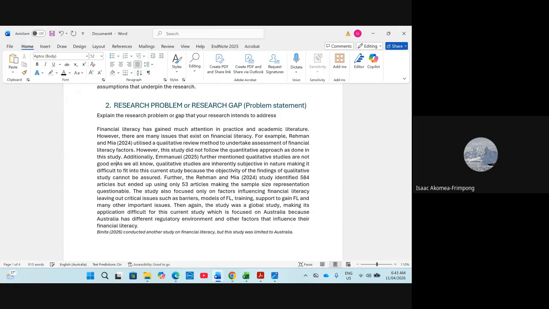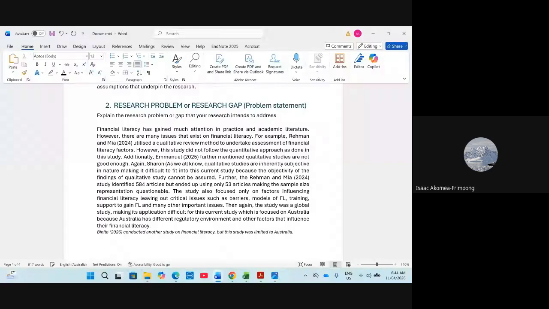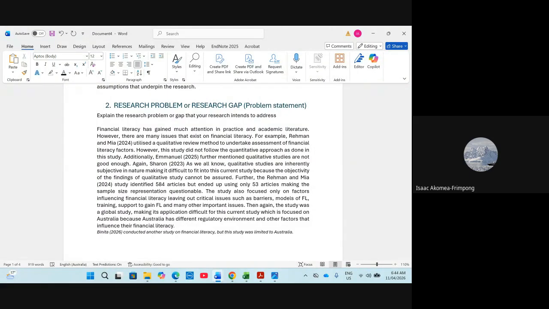I'm just saying, I'm not saying that. Again, Sharon 2023. So the first issue that you identify, the first gap, you add more studies, or you provide more evidence to support that gap.